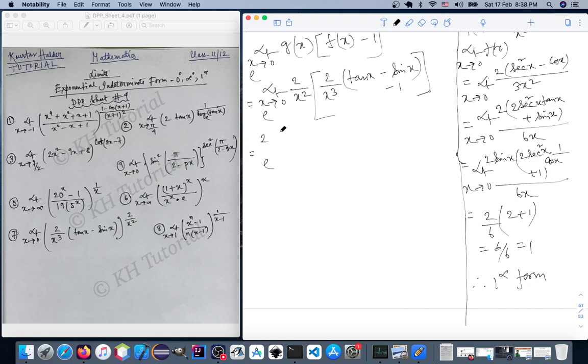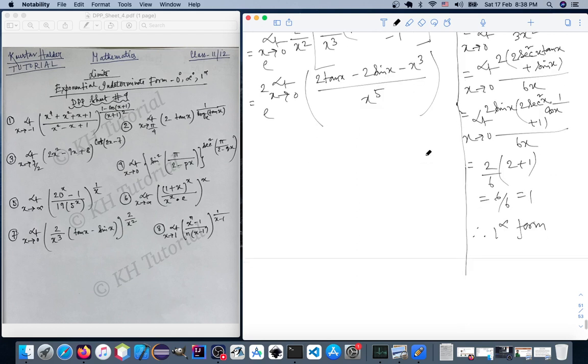Let's keep the 2 outside. This becomes 2 times (2 tan x minus 2 sin x minus x cube) divided by x to the power 5.